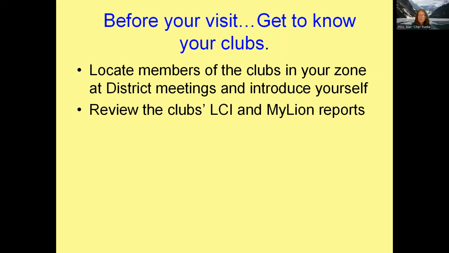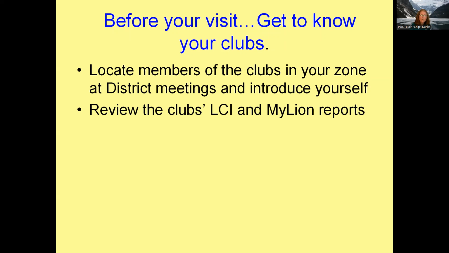Review the club's LCI and MyLion reports. Wait a minute, where do those come from? Well, if you don't have access to MyLion, that's going to be a priority. When you are a zone chair, you will be given access to MyLion reports for your individual clubs, and you'll be able to access their LCI information.